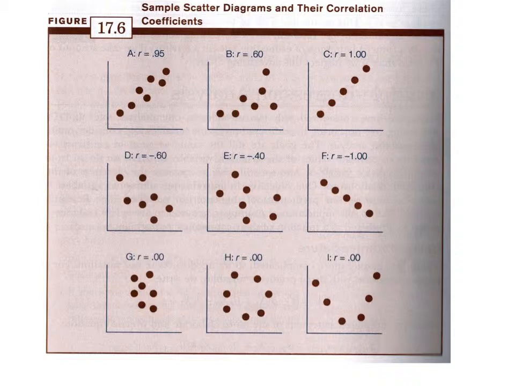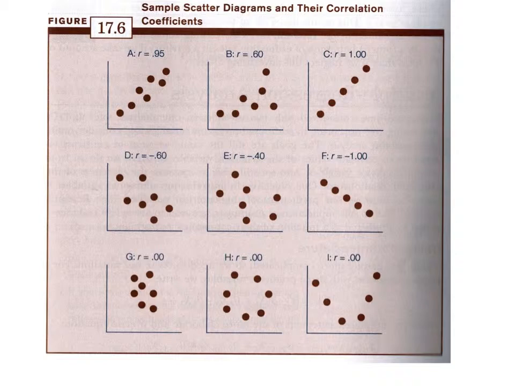And the middle top shows a positive correlation of 0.6. Here the scattergram is slightly more spread out, but in most cases as we move out on X, we're also moving up on Y. And then the perfect correlation, those points fall exactly on the same line.